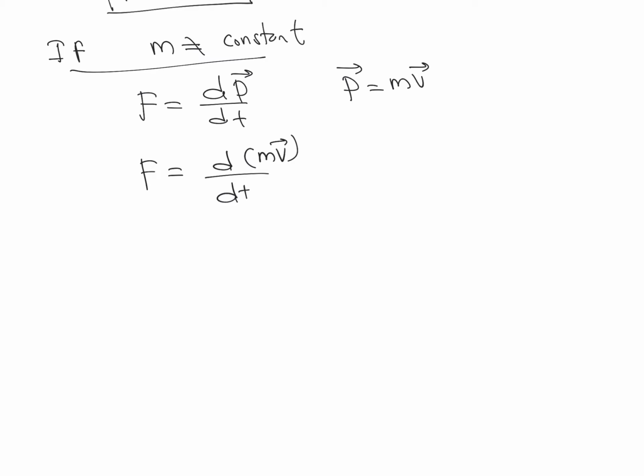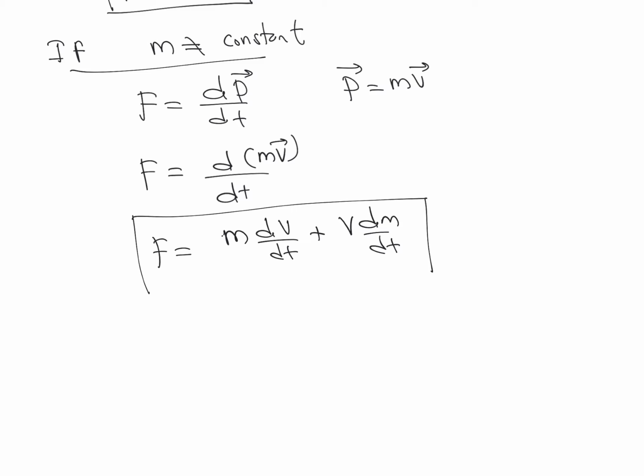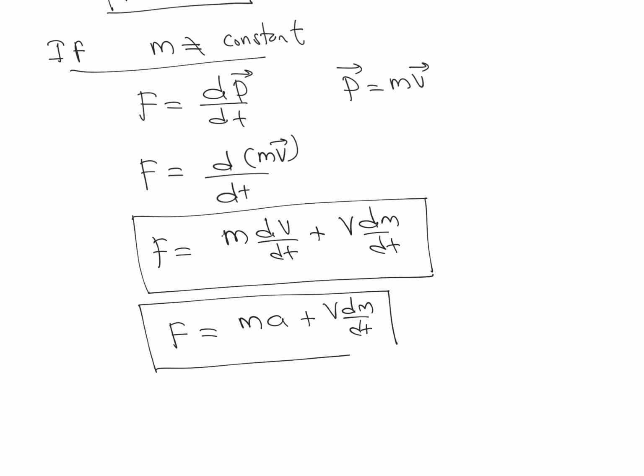If there are two variables, we should use the product rule: first function into differentiation of second function, plus second function into differentiation of first function. This gives the net force acting on the object. Since dv by dt represents acceleration, the net external force acting on the system is m into a plus v into dm divided by dt.